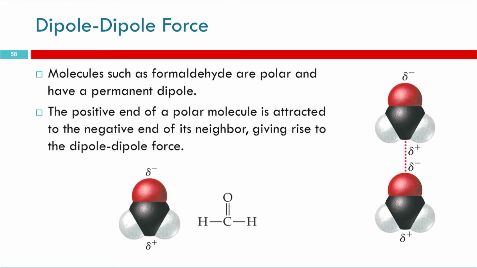So we talked about polarity again, and that's when you have this uneven distribution of electronegativity. So oxygen here is much more electronegative, we'll use blue for electronegative, than hydrogens or even carbon.